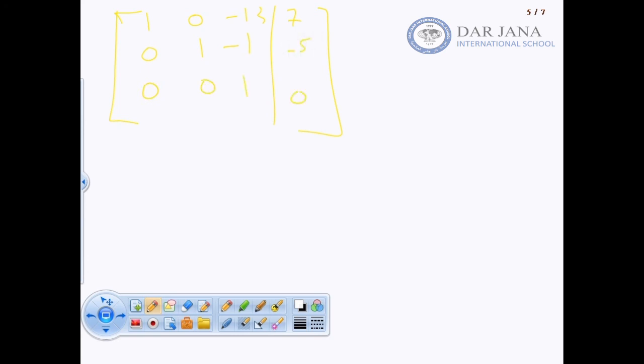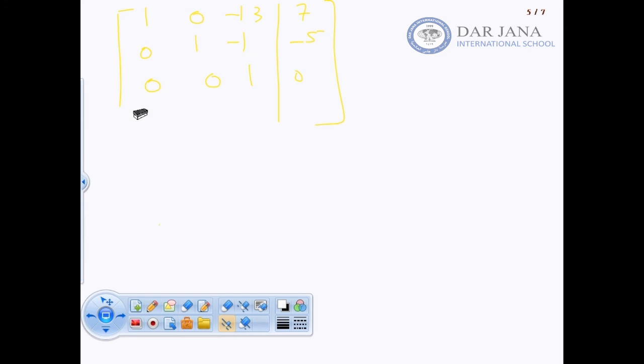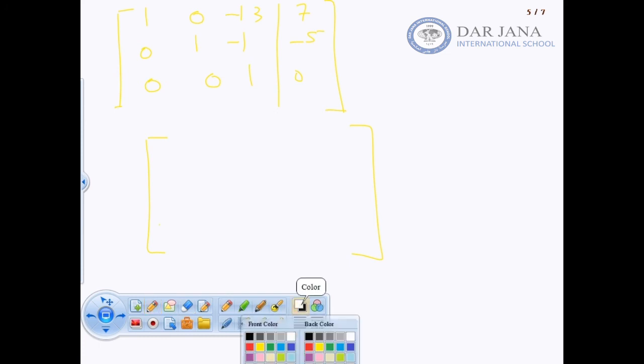So I'm going to multiply R3 by 13 and add it to R1.